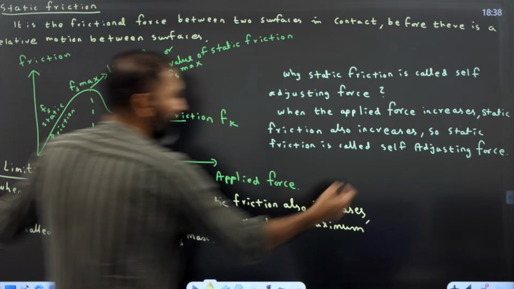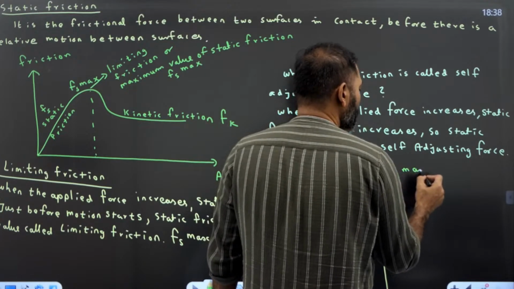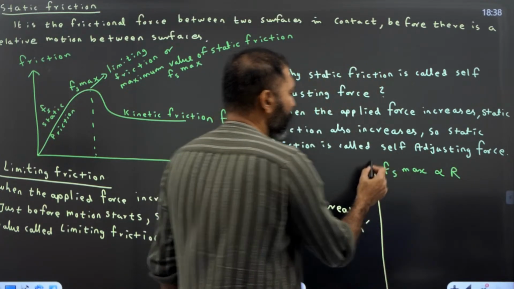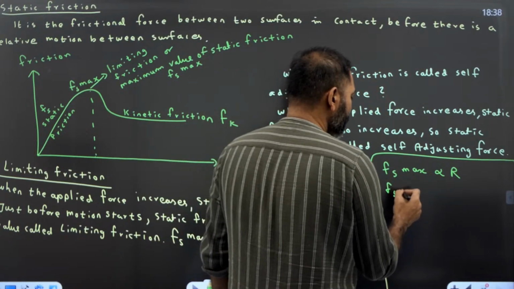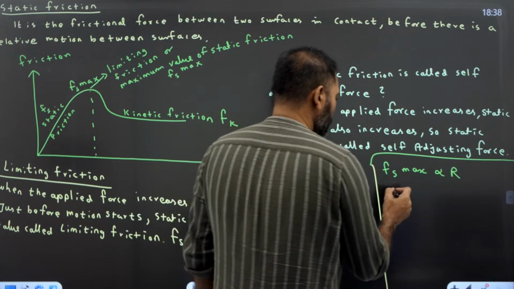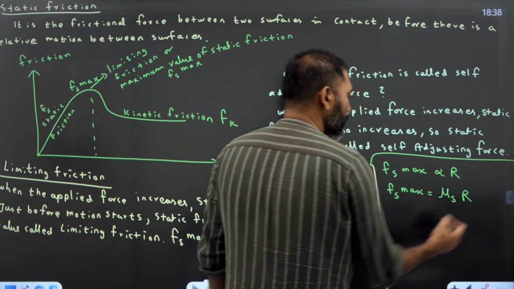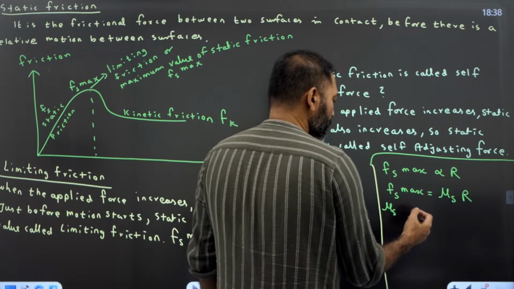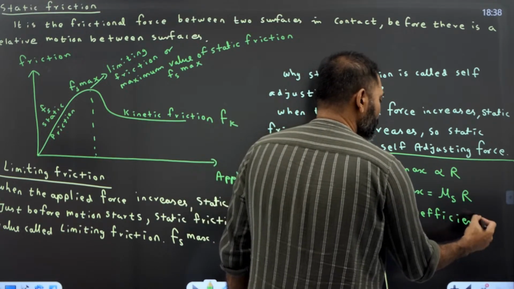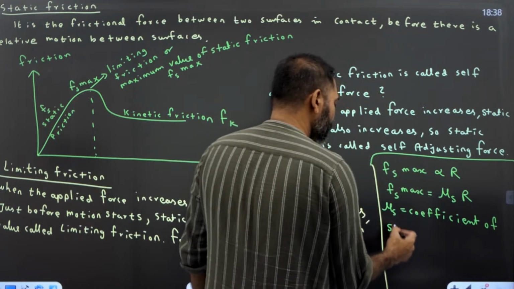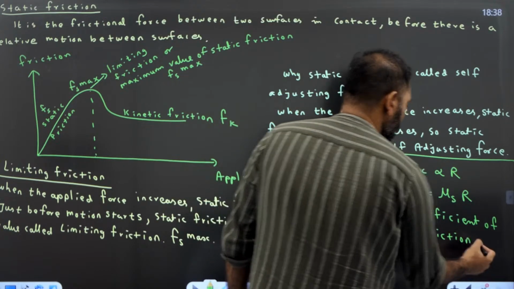Now remember, Fs max is directly proportional to the normal reaction R. Fs max is equal to mu s R. What is this mu s? Mu s is the coefficient of static friction.